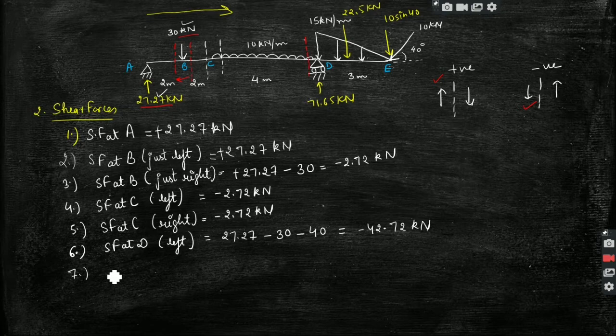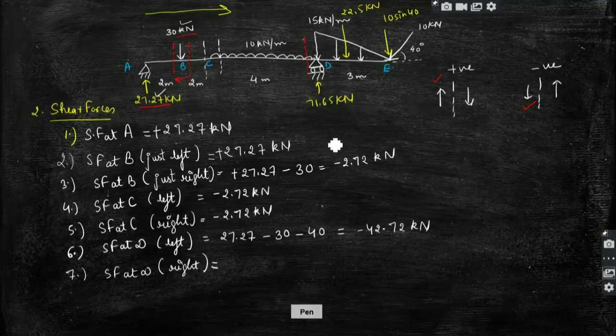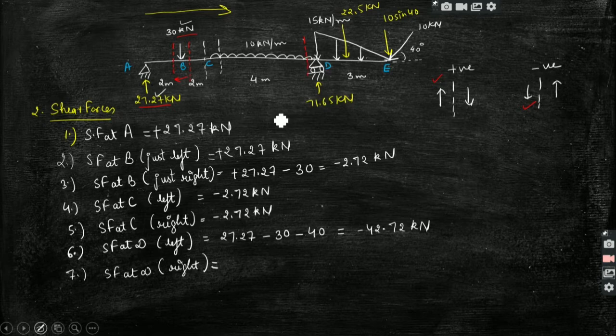Then we will calculate the shear force at D just right. So now I am taking the section just at the right of this point D. So compare it with the previous value. Up to this section, that is just left of D, we have taken three forces: 27.27, 30 and 40, right?